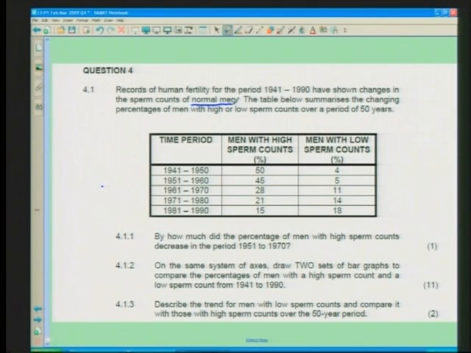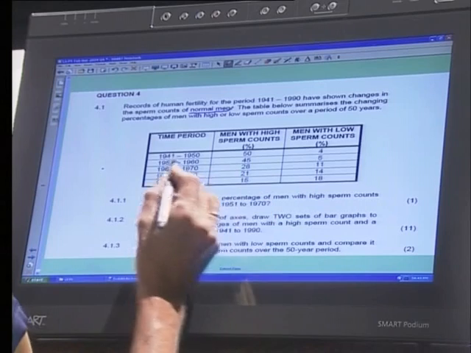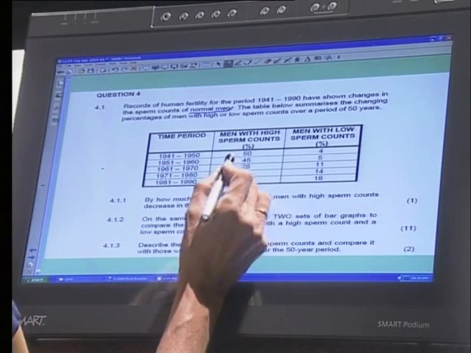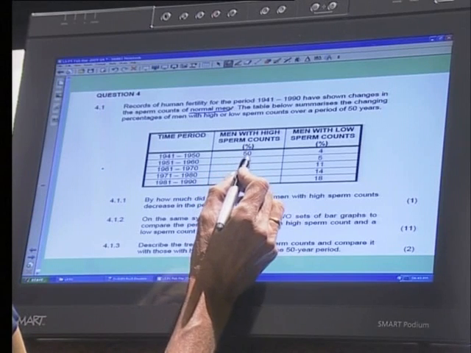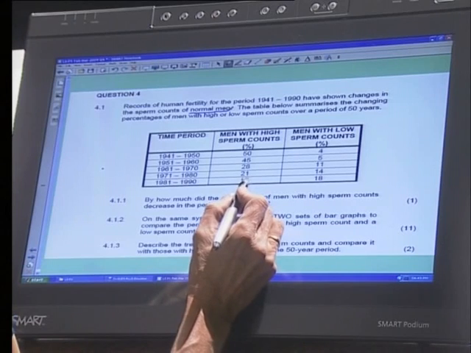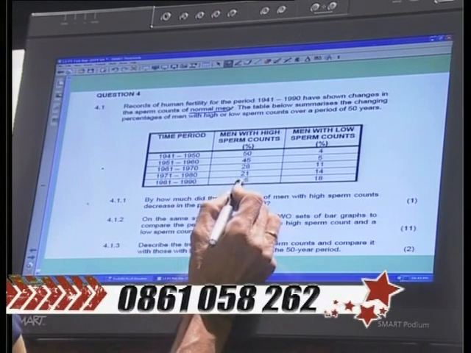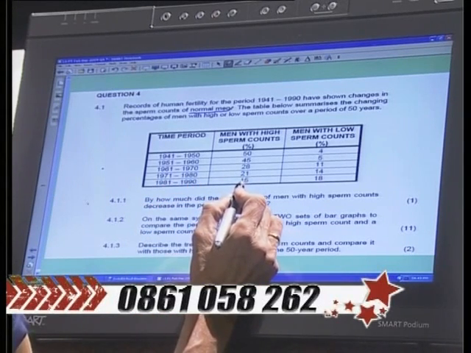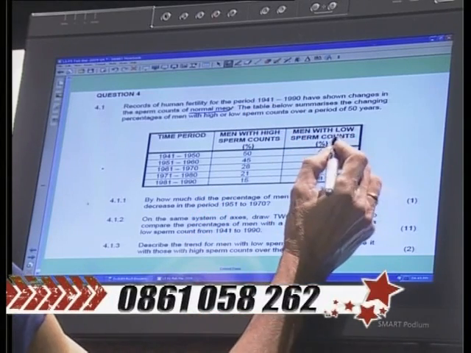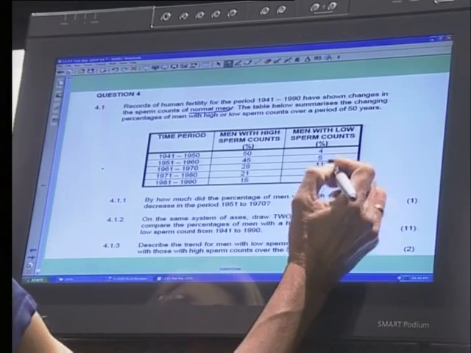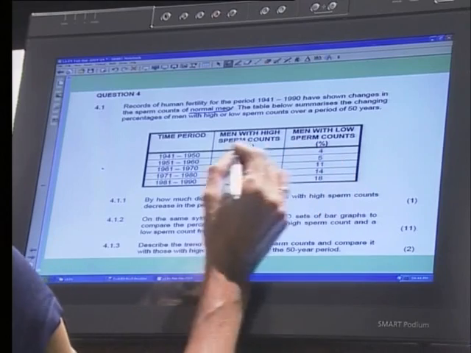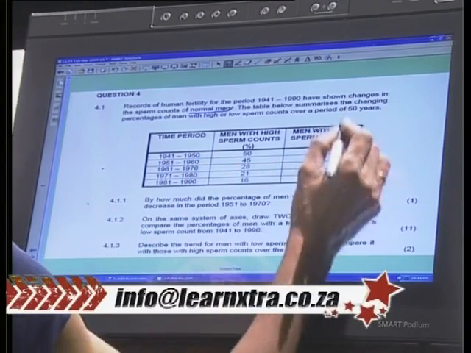Now remember this is in percentages and it's telling you from 1941 to 50 we have 50%, and so men with high sperm counts start to decrease and decrease until 1981 to 1990, we're sitting with only 15% men with a high sperm count. But look at this, your men with low sperm counts increase. So there is a sort of an evening out here, but look at your table, look at the information they're giving you.